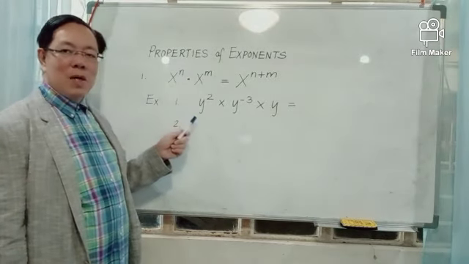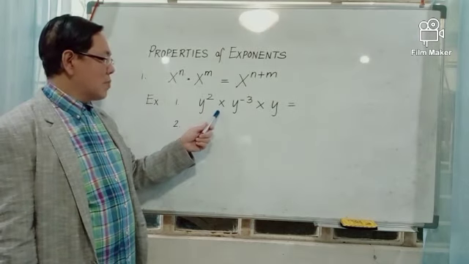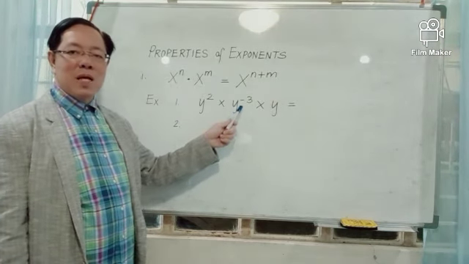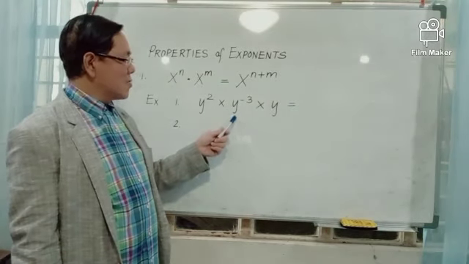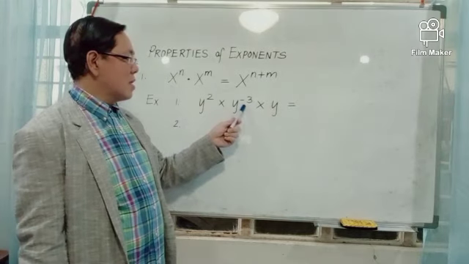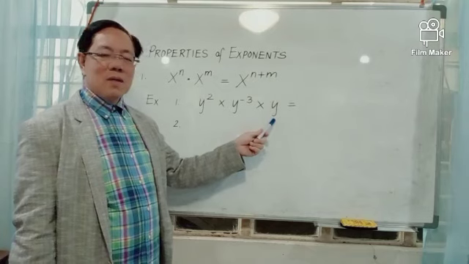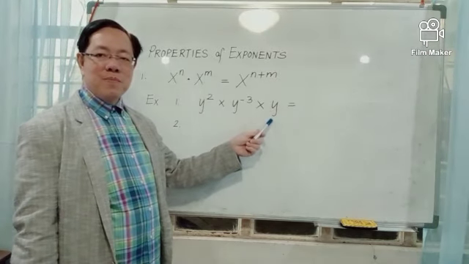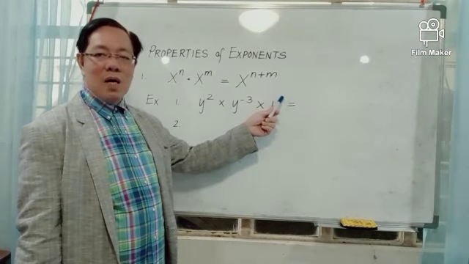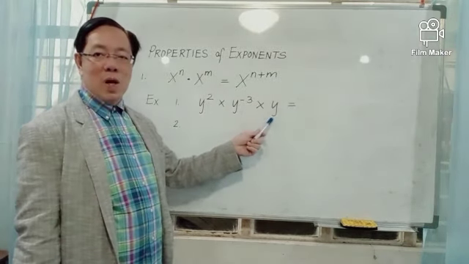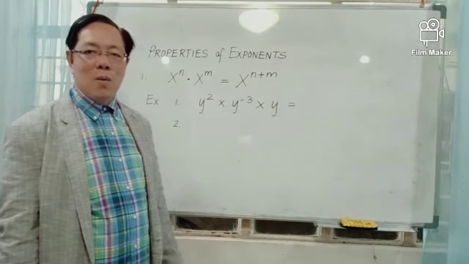In number 1, we have y squared or y to the power 2 multiplied by y to the power negative 3. So in the second factor, the exponent of y is negative 3, multiplied by y. When the given has no exponent, such as y, it is understood that the exponent of that base is 1.